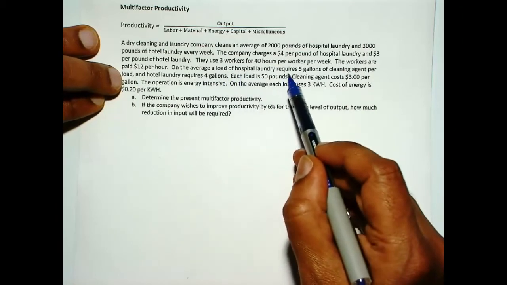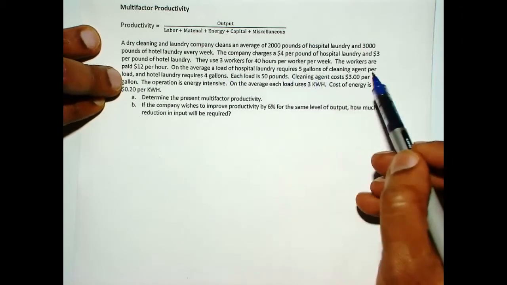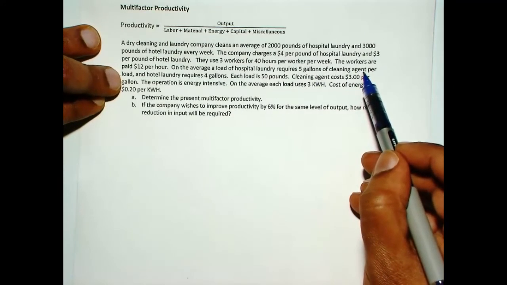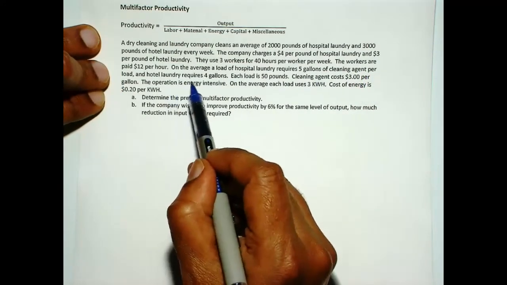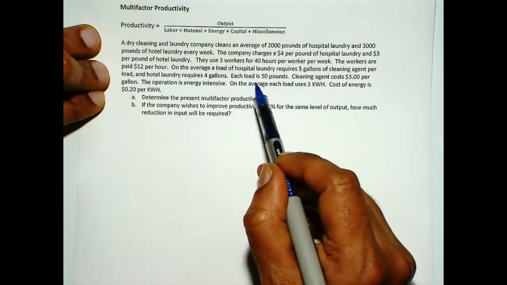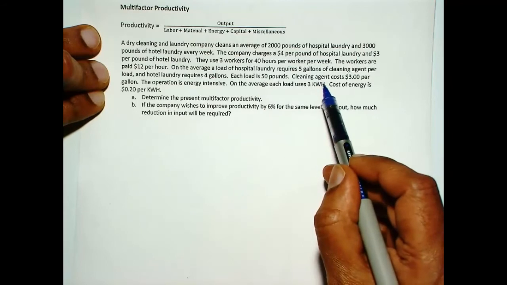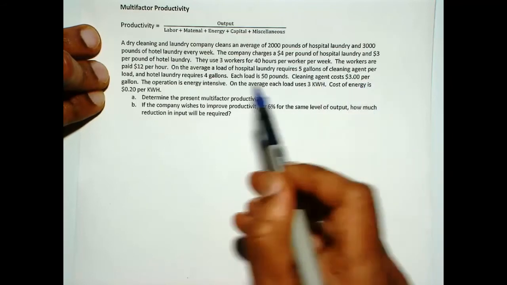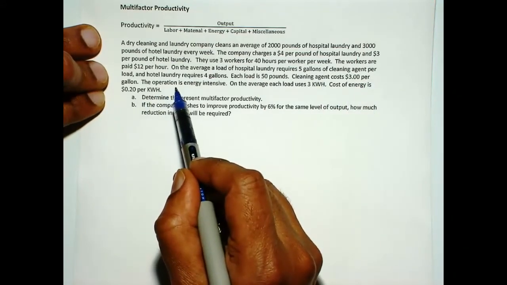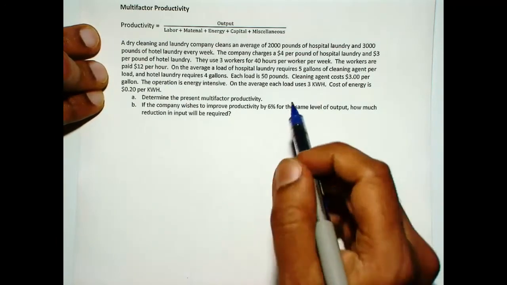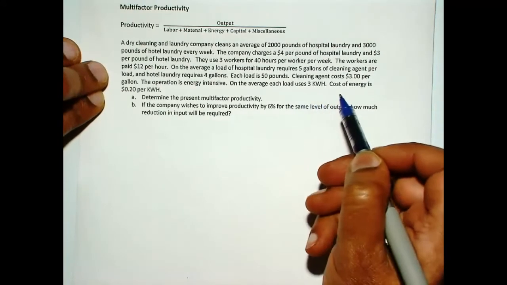So cleaning agent is a second input, and then 4 gallons for hotel, and each load is 50 pounds. Cleaning agent costs $3, and then there is a third input, which is energy. On the average, each load uses 3 kilowatt hour. Now we want to determine the present multi-factor productivity.